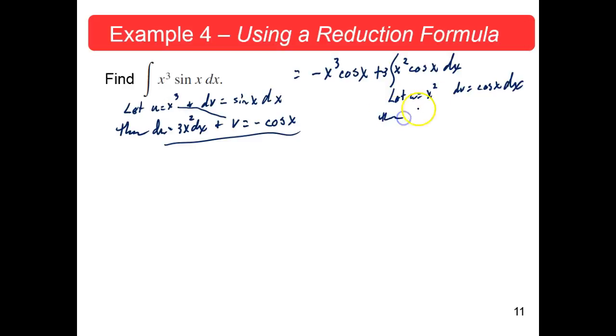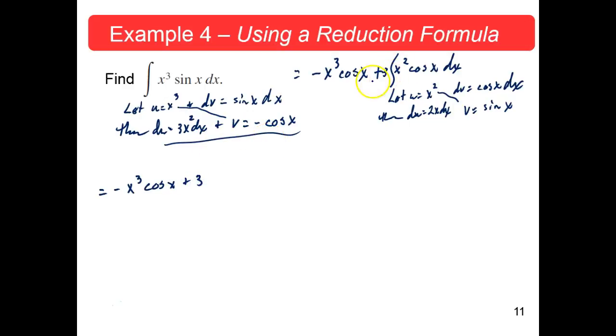Then du is equal to 2x dx, and v is equal to sine x. All right? Now at this point, let's not forget our original part, minus x cubed cosine x. Okay? And then we'll do the product here, and that's going to be a plus 3.